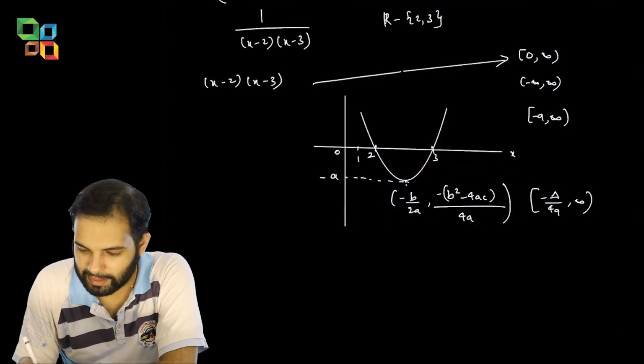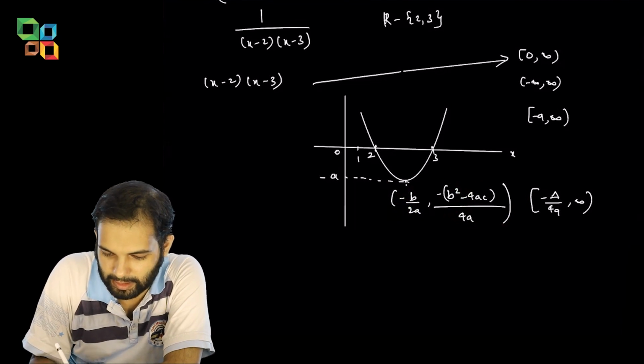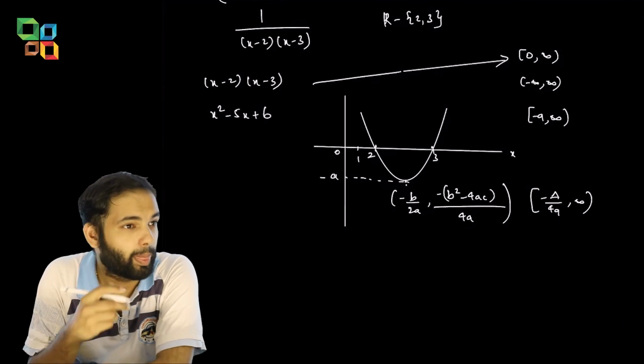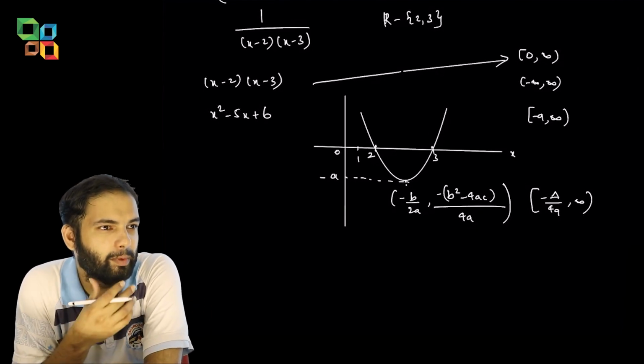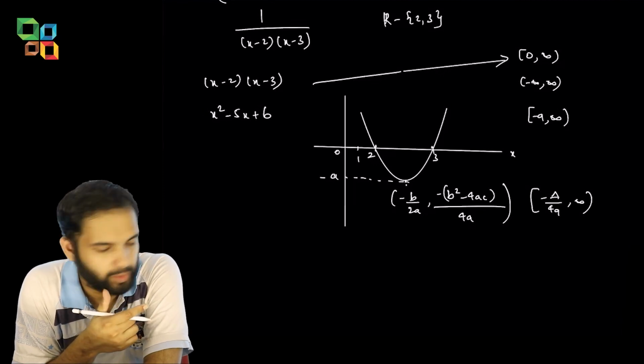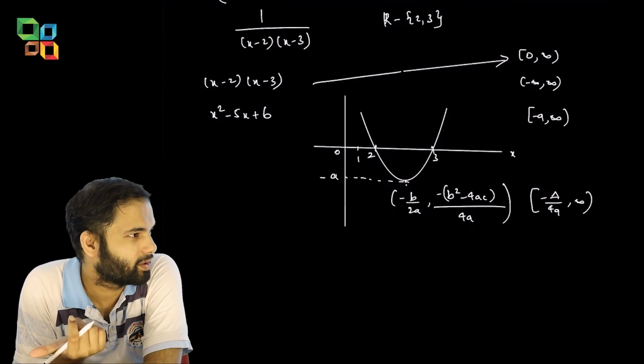Okay, let's say we don't know this vertex. So how to figure out? This is nothing but x square minus 5x plus 6, correct? Can't you find the minimum value of this? I don't know the formula, so I don't know whether this is right or wrong.